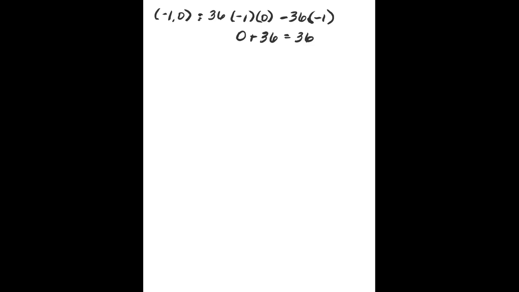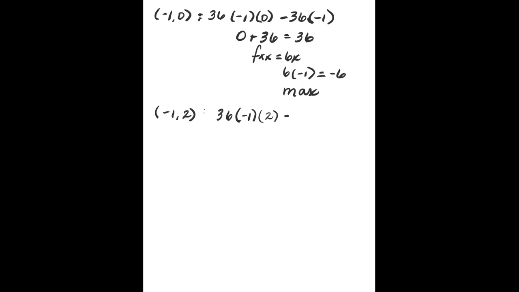So I got another positive number. fxx is 6x, so 6 times negative 1 gives me negative 6. So I get a maximum. Then I'm going to do (-1, 2). 36 times negative 1 times 2 minus 36 times negative 1. I get negative 72 plus 36, which gives me negative 36. And that's a saddle point.